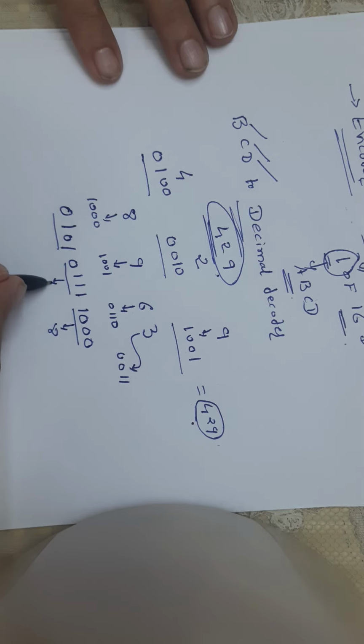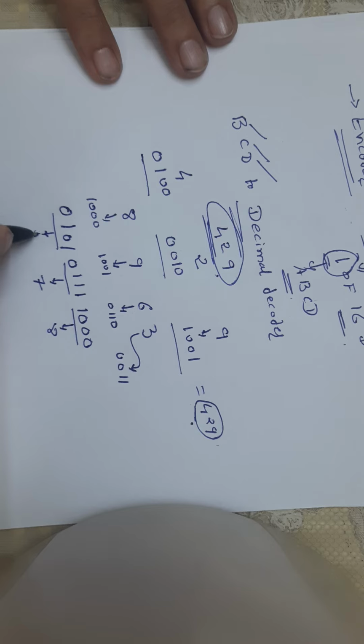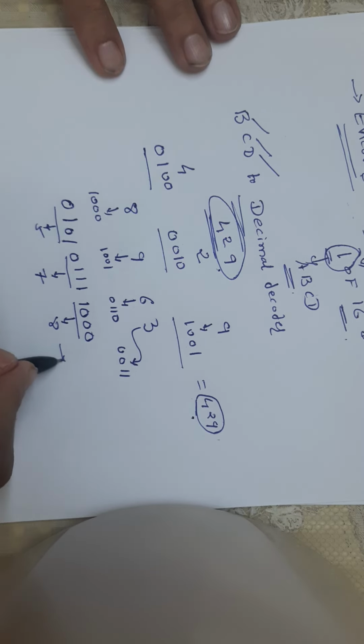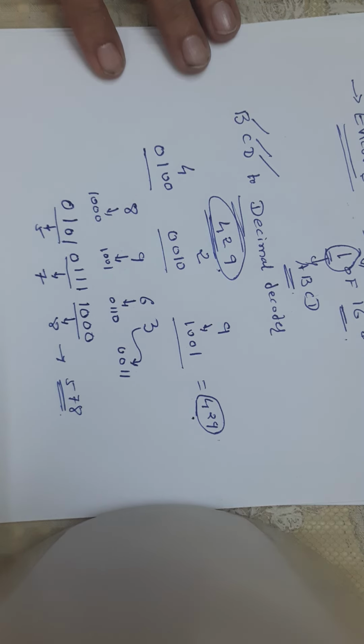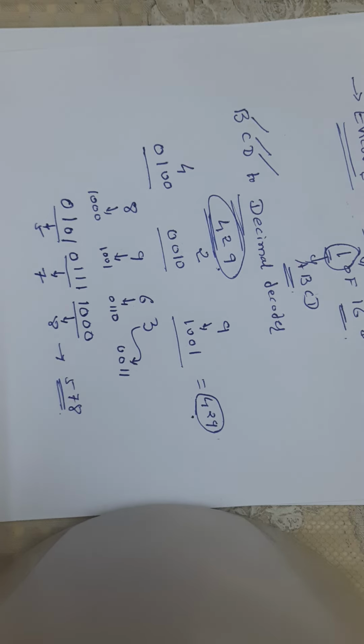So its decimal number is 578. So 578 is the decimal equivalent of 0101 0111 1000. In this way we can convert BCD to decimal.